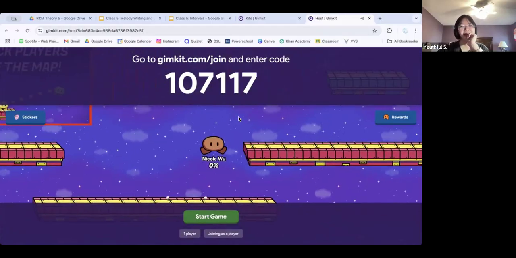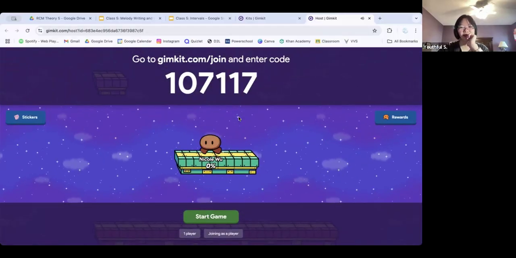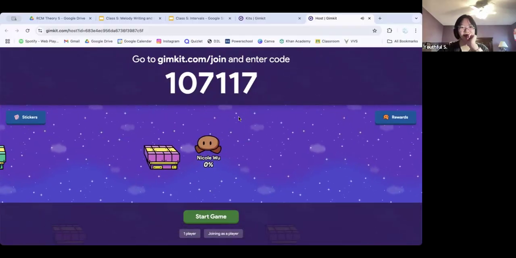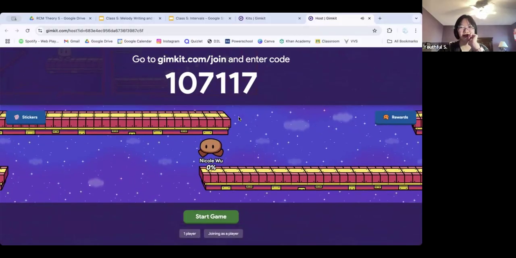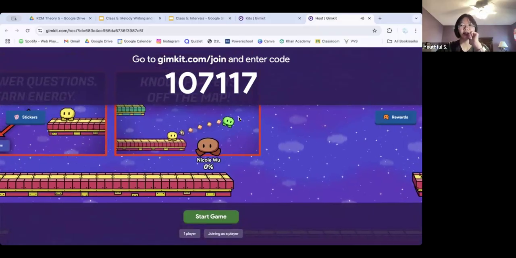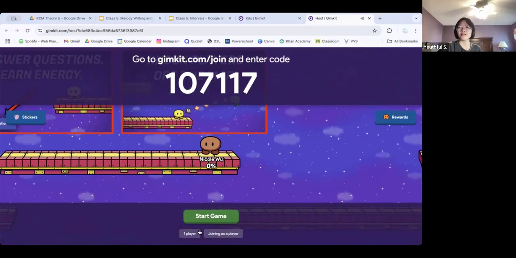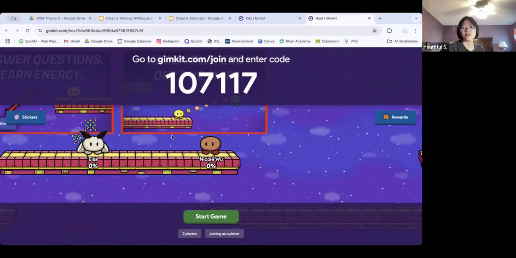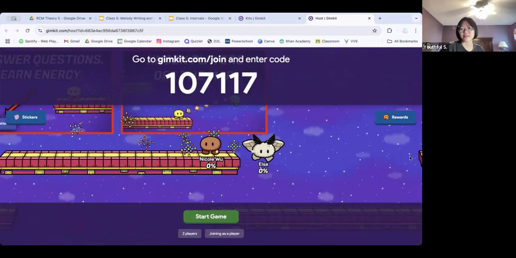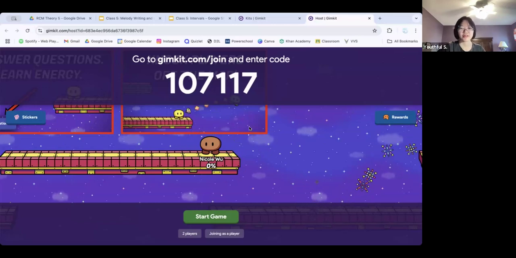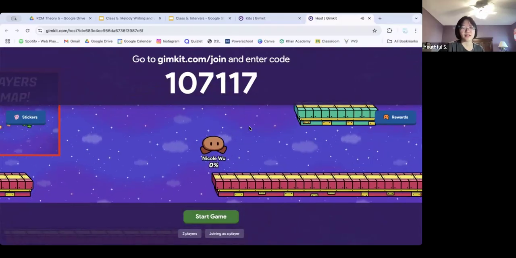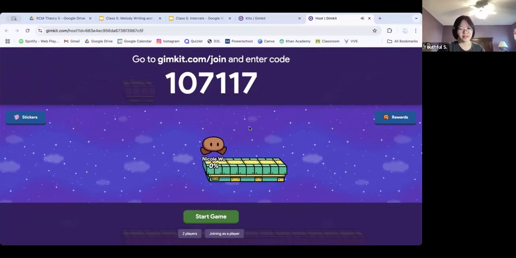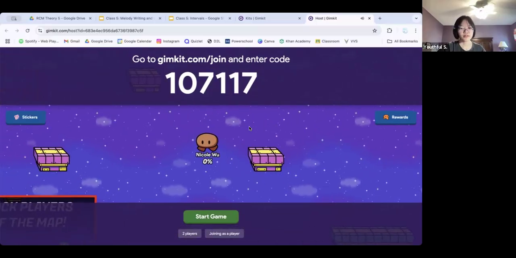What's Gimkit? Interesting name. What happens if you fall down? Oh, there's a down place. Join, join, join. Oh no, what happened to my character? Wow, you have a trail, so cool. I'm just a brown ball. Dude, did you join?